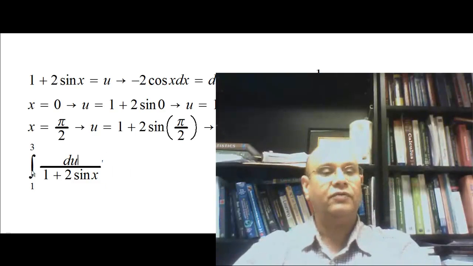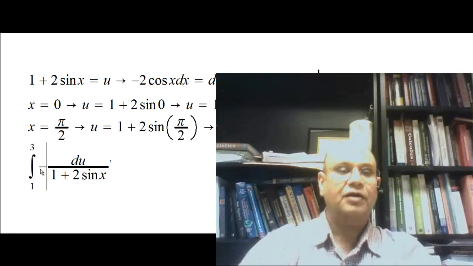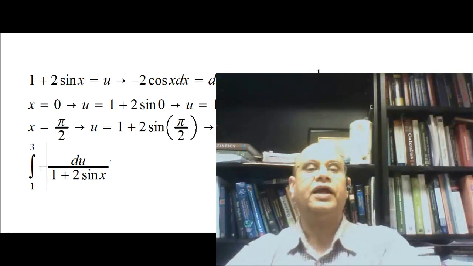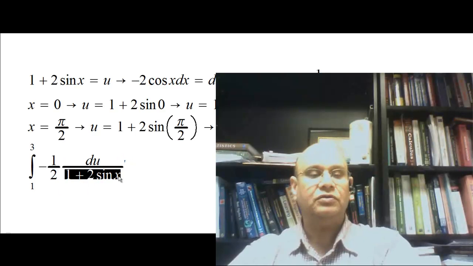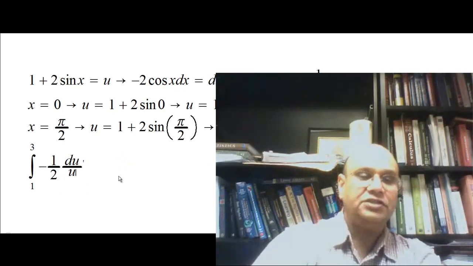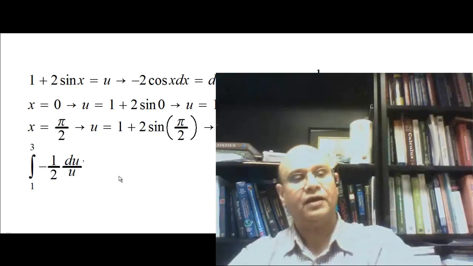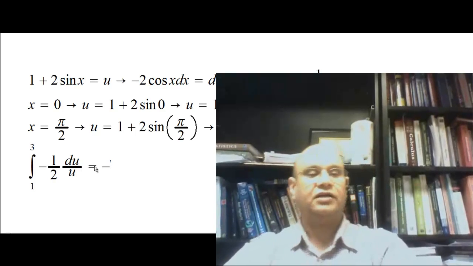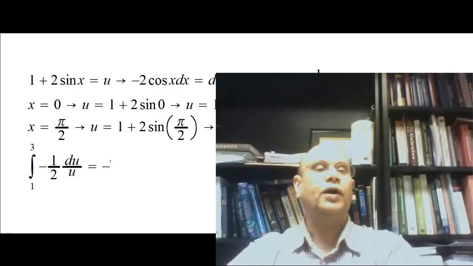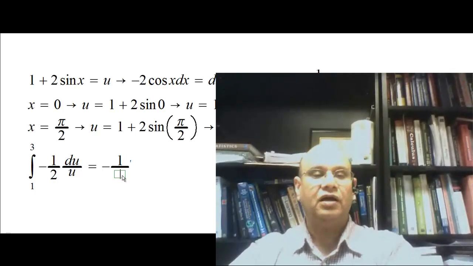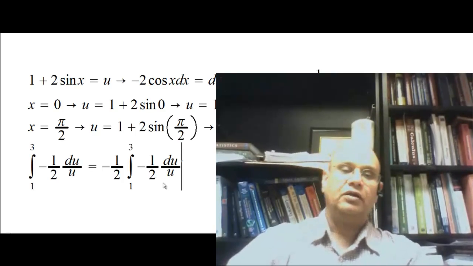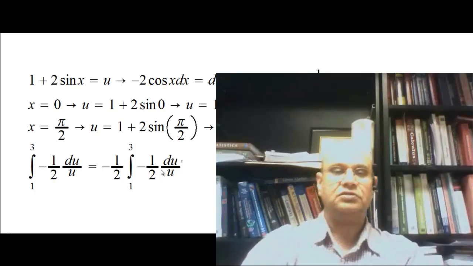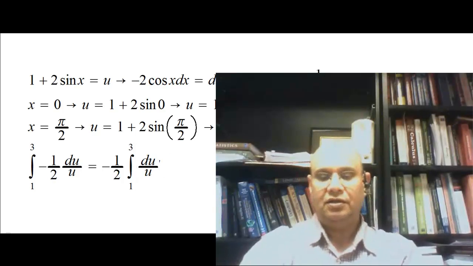Negative, right? Negative 1/2, correctly said. And that's a, oops, sorry, that's a u, right? Are we good? So that is negative, let's pull 1/2, where? Outside, right? And then this is out, right?